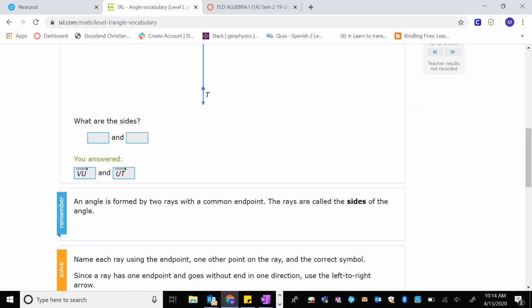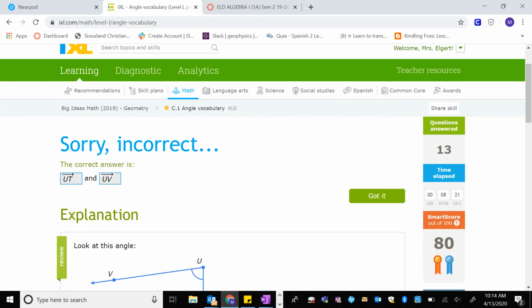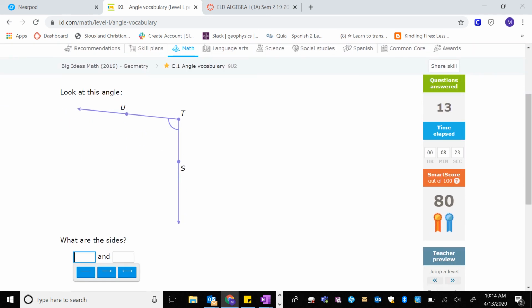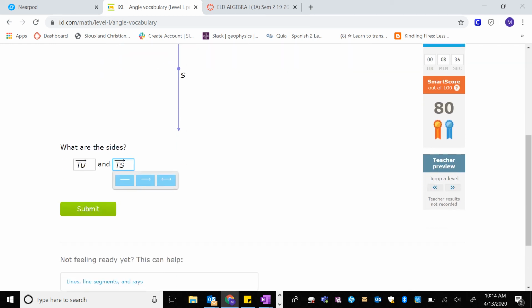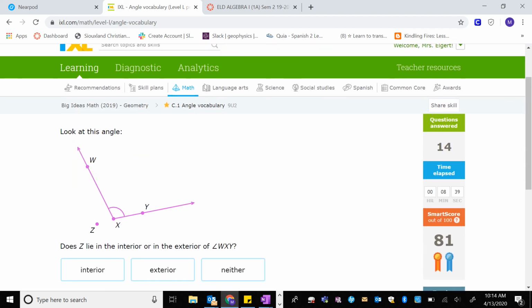Oh, they want you to start at the vertex. My goodness, got it. Okay, sorry. So start at the vertex. So what are the sides? Okay, so you want to start here. So you're going to say TU, and then the other side is going to be TS. I'm glad I noticed that. So now we'll submit. There we go. So start at the vertex.